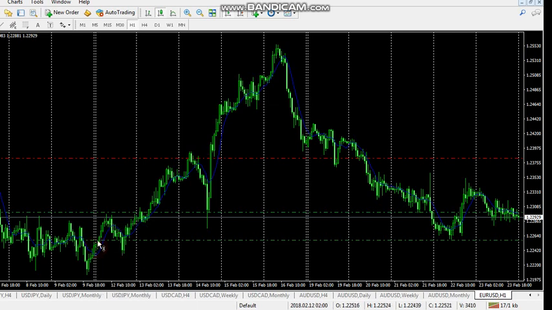Two candles, first candle, second candle, price goes up.